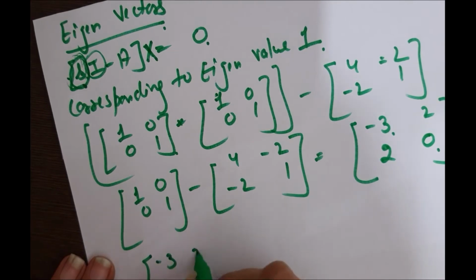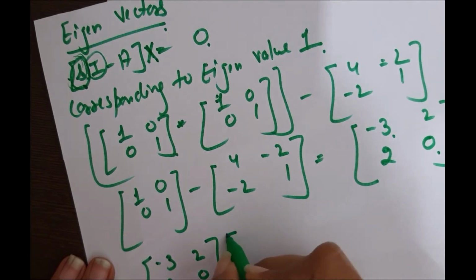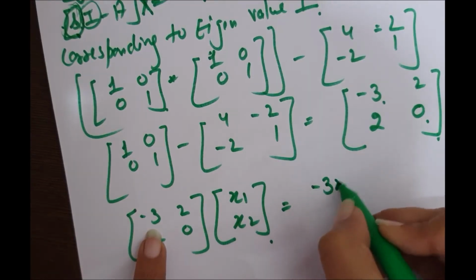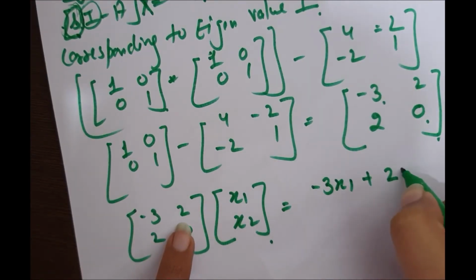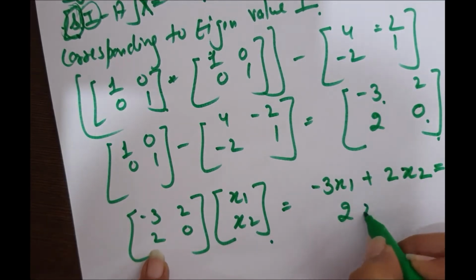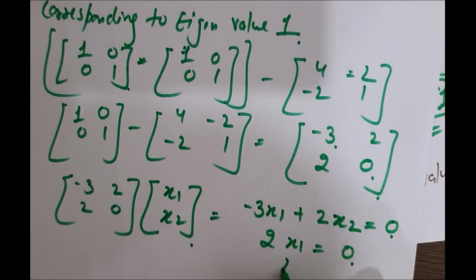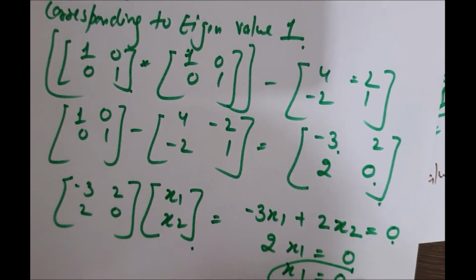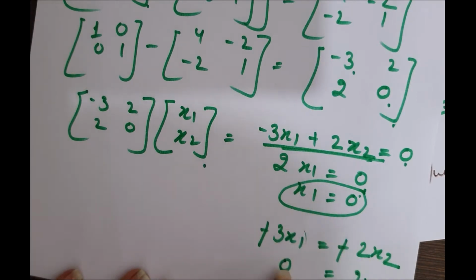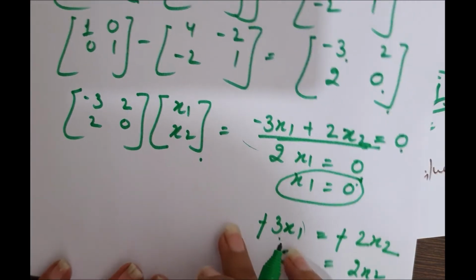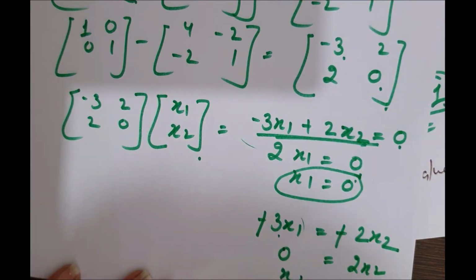Here we got, here x denotes x1 x2, minus 3x1 plus 2x2 is equal to 0. Here x1 is equal to 0. So here x1 comes out to be 0. From this equation we calculated minus 3x1 is equal to minus 2x2, so x2 is equal to 0.